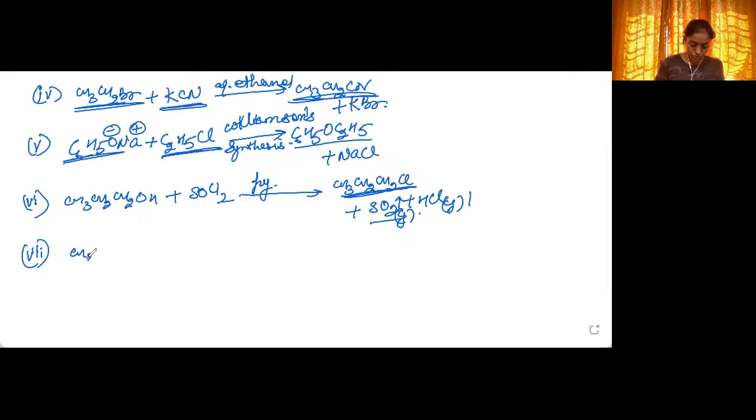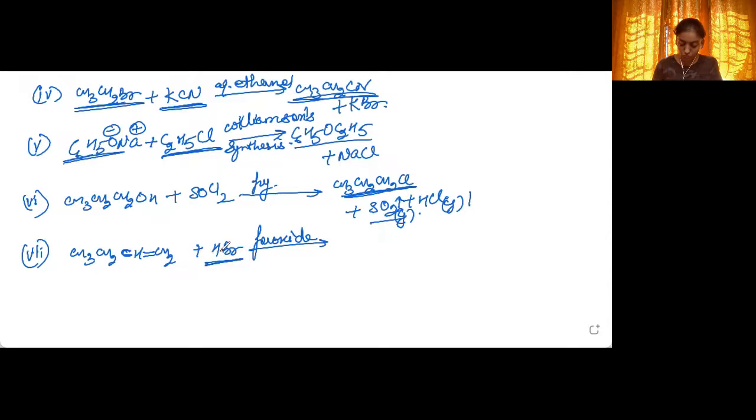CH3CH2CH double bond CH2 plus HBr in the presence of peroxide. So we have already discussed the peroxide effect. This means the electrophilic addition of HBr, when there is peroxide, follows a free radical mechanism.